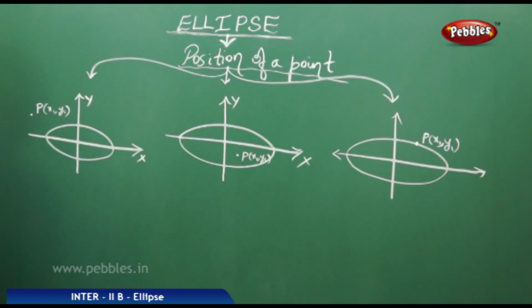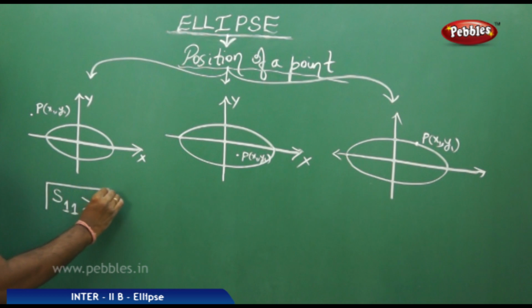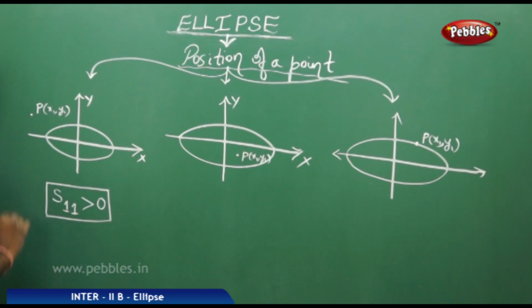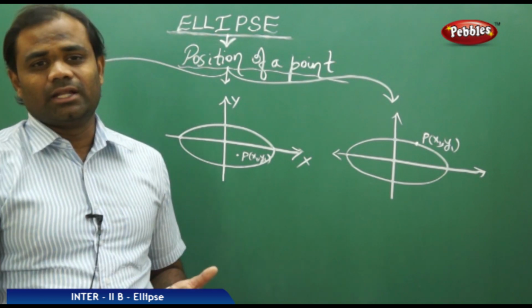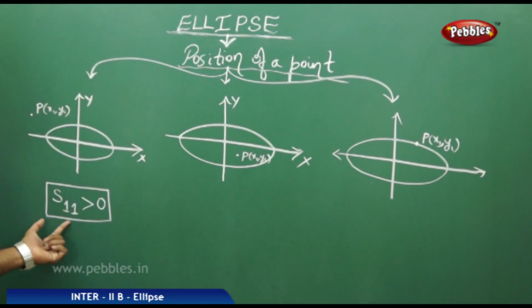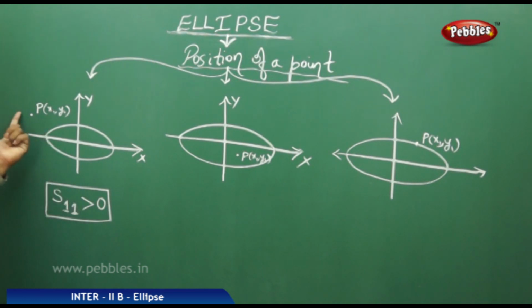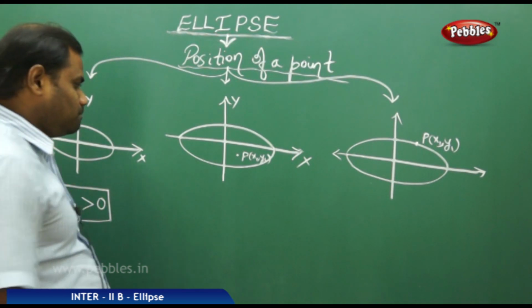With these 3 cases, we identify that for P outside the ellipse in case 1, we have the condition S11 greater than 0. So in order to identify whether the point is outside, on, or inside the ellipse, we simply need to find S11. If S11 is positive, or greater than 0, the point must lie outside the ellipse.